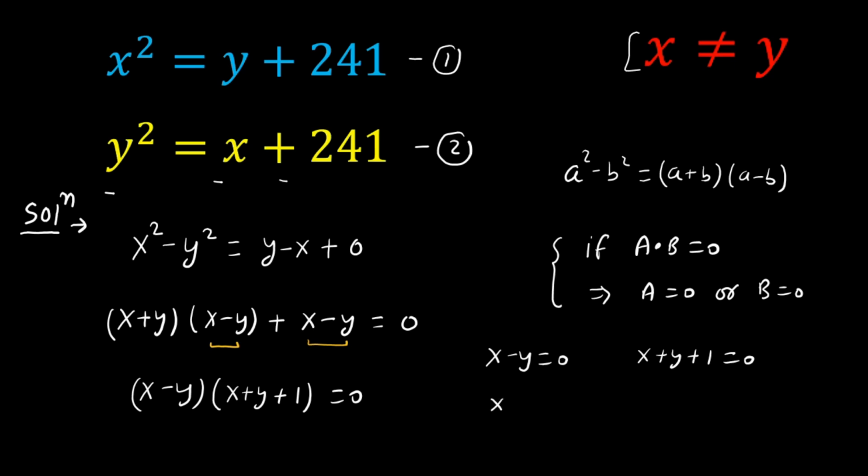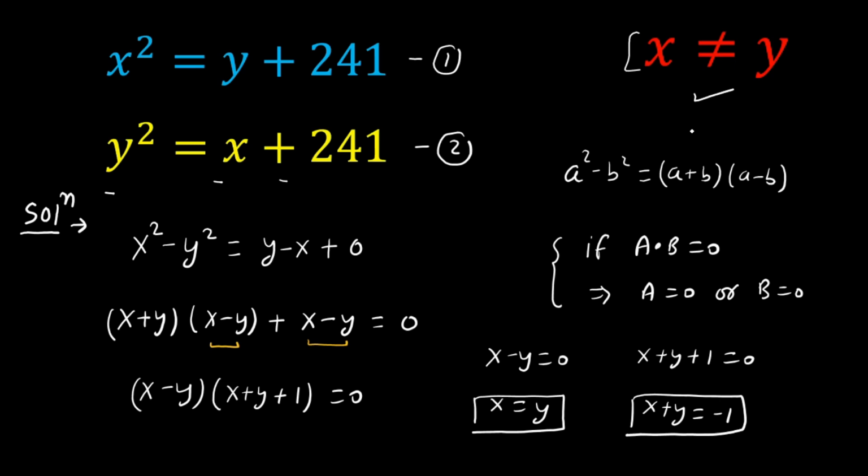Then x = y, or x plus y = negative 1. Let us consider this as case one and this as case two. But it is given that x is not equal to y, so case one is rejected. So we have x plus y = negative 1.